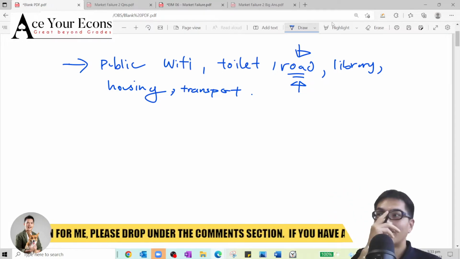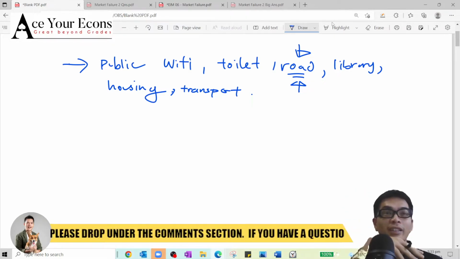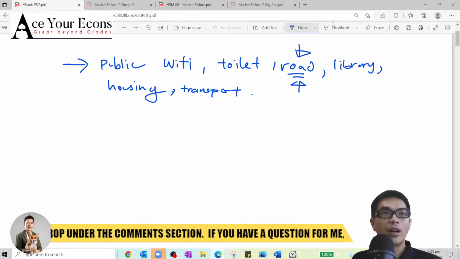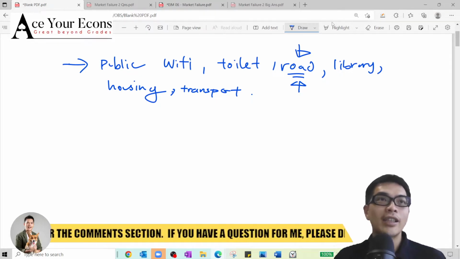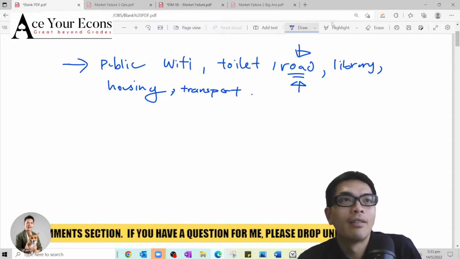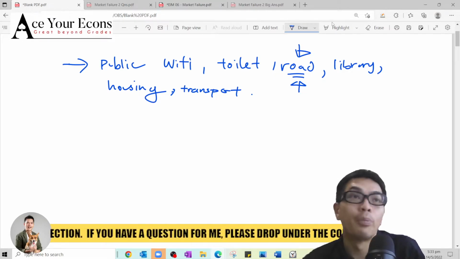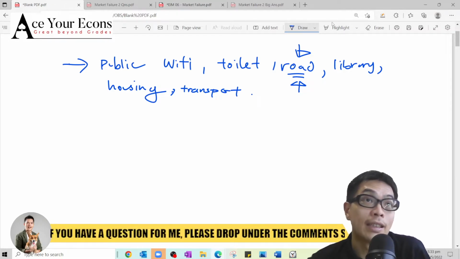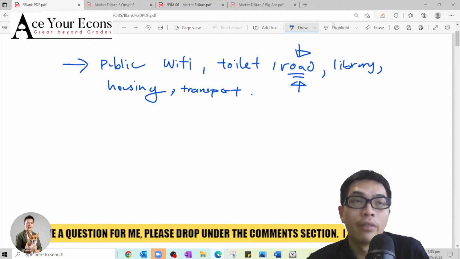For excludability, we need to look out for whether people can be excluded from consuming the public library. Unfortunately, access to the public library is free, right? You cannot block people from using that. But it could be rivalrous in consumption because of the limited number of books to be borrowed or the limited number of seats in the library. Make sense?